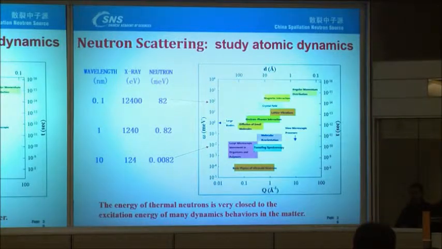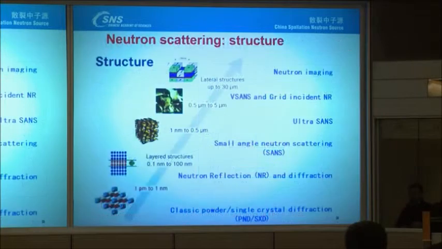But the neutron energy actually is matched with the material dynamic behavior. So that's why the neutron not only studies the structure of the matter, it also can study the dynamics of many processes in the matter.